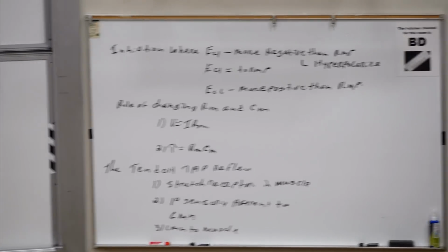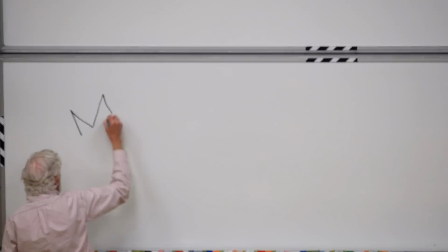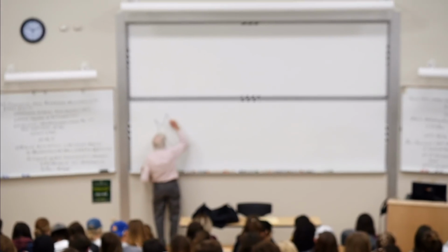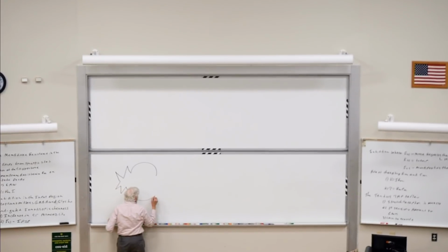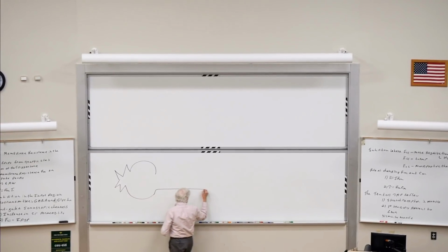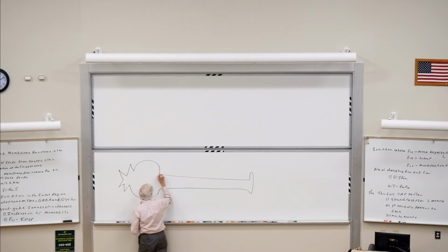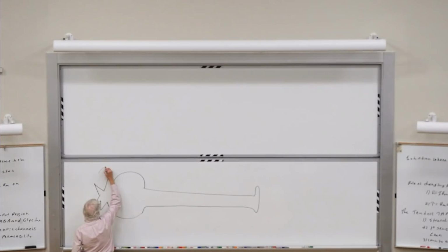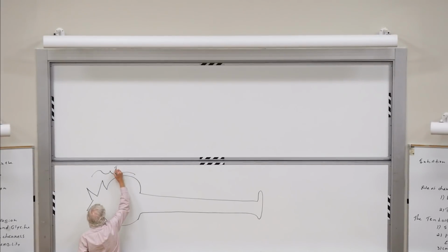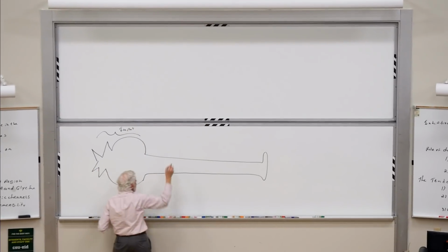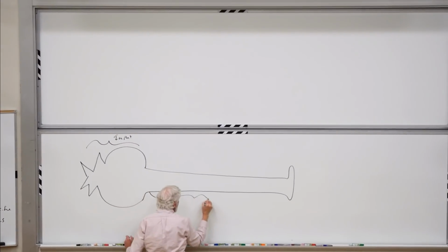But let's start here with our typical neuron. The major players in this are the input region and the conductal region.